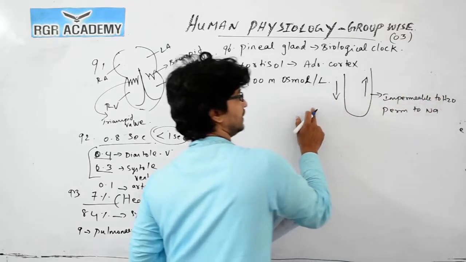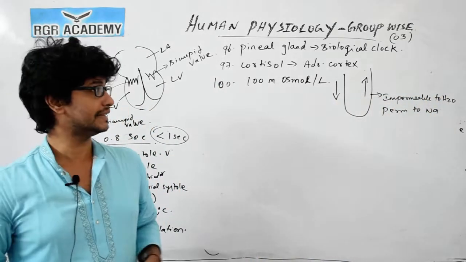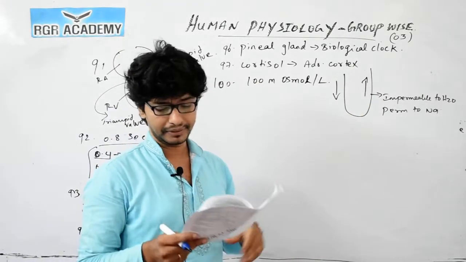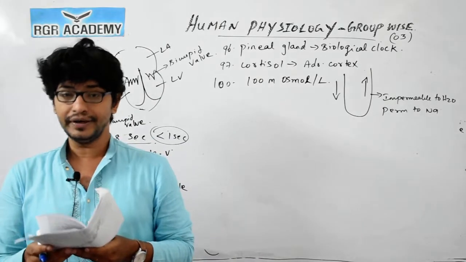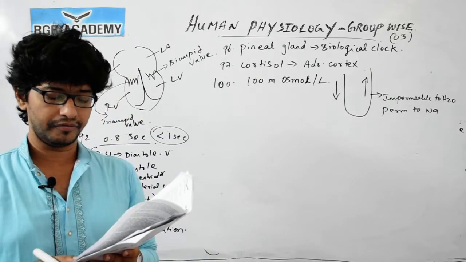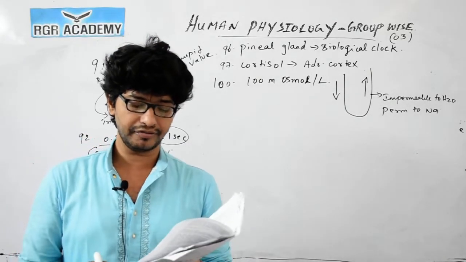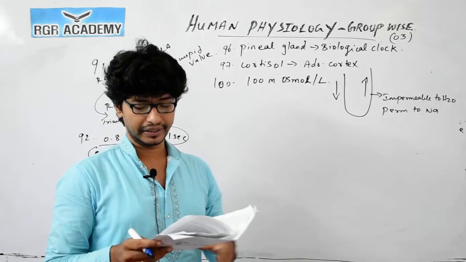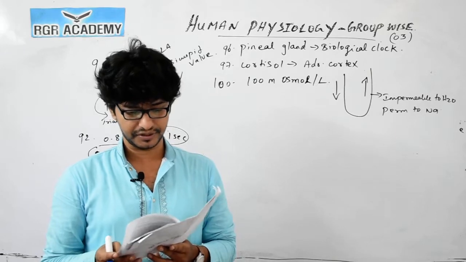This is quite the opposite of the descending case. Since the ascending limb is impermeable to water, the fluid that is thick becomes very dilute, falling to a concentration of about 100 milliosmolarity per liter. So option 1 is the correct answer for this question.